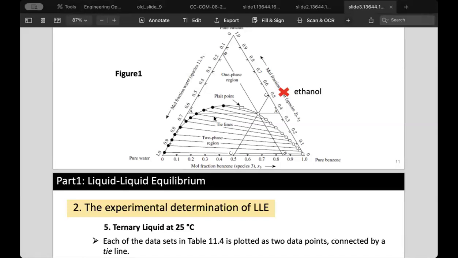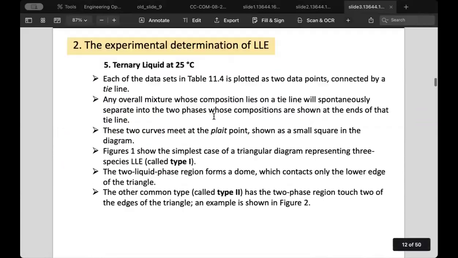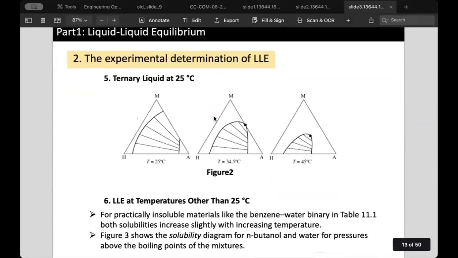It depends on the system. It can form something like this, or this in the middle, and this on the right hand side. What is the difference between these three?